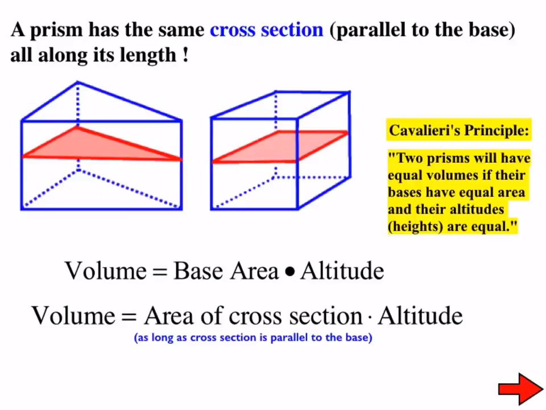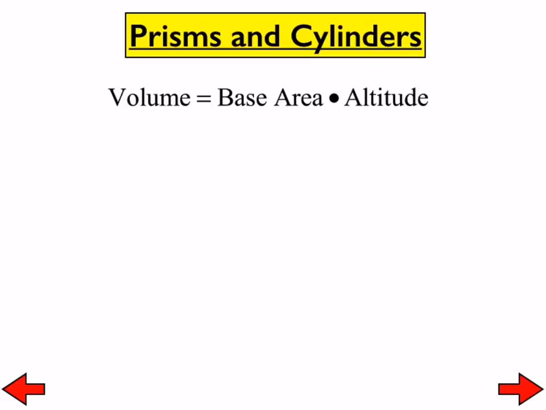So you can think of volume this way. The volume of a three-dimensional shape with parallel bases is equal to the area of the cross-section times the altitude, as long as the cross-section is parallel to the base. And once again, this leads us to the fact that the same formula will work for prisms and cylinders.